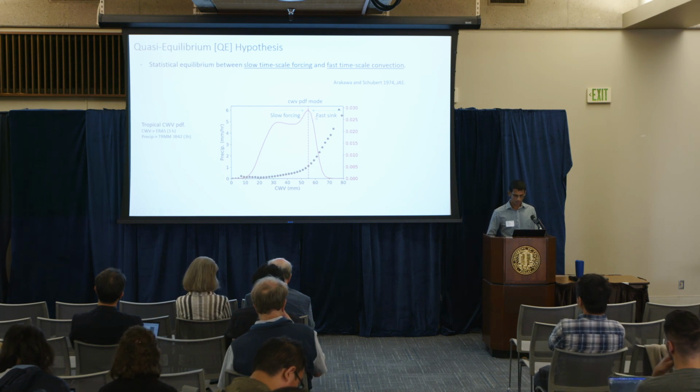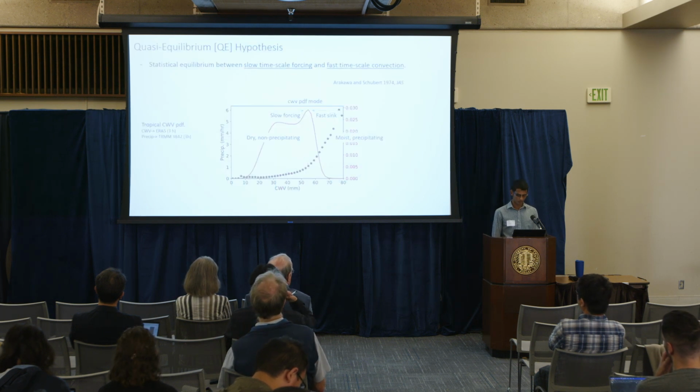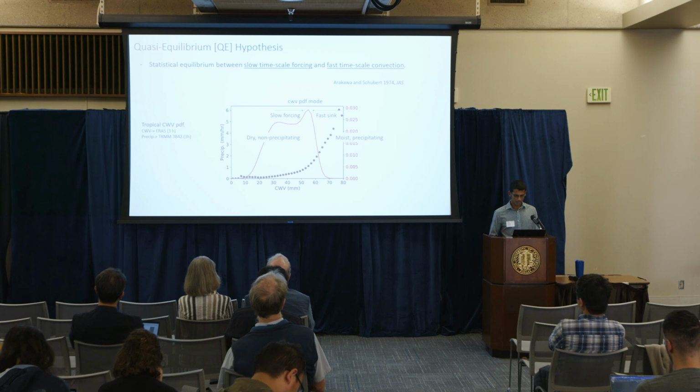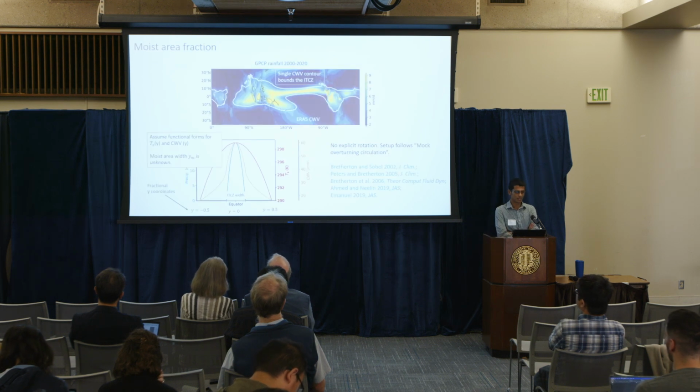We can use this property to divide the tropics into two zones: a moist precipitating zone and a dry non-precipitating zone. Essentially, we are arguing that for values less than this mode you get no precipitation, and for values above the mode you get strong precipitation. This is not merely an absurd assumption, as you can see from this plot.